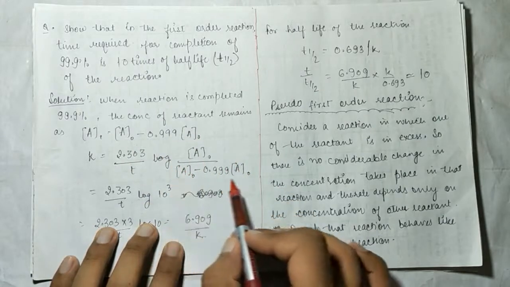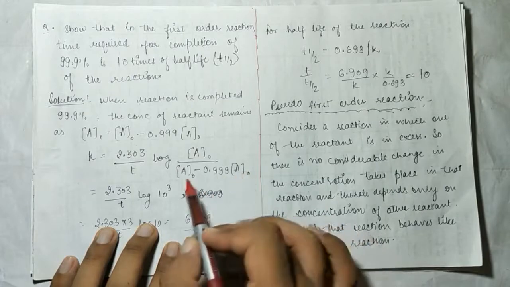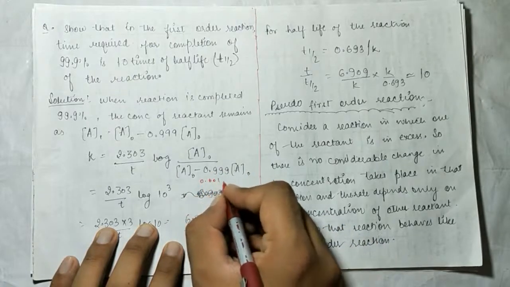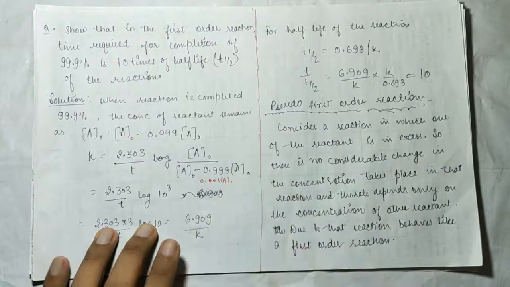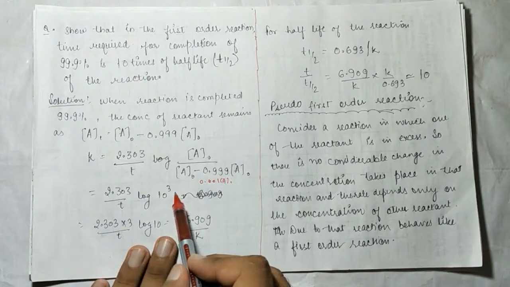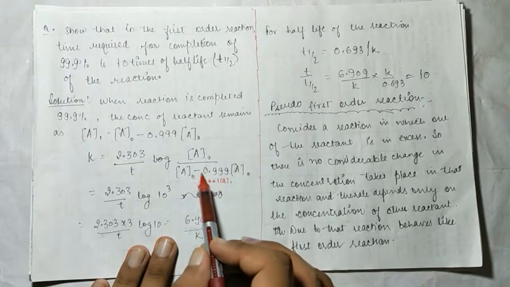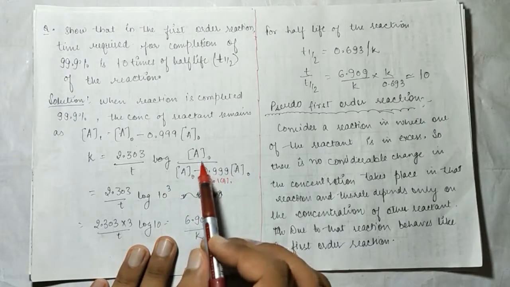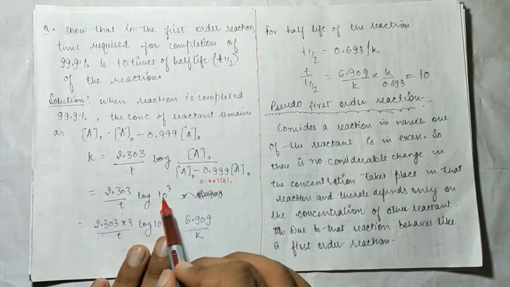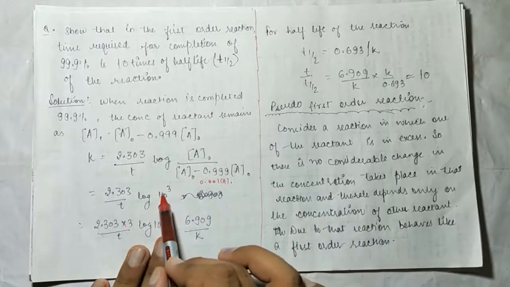If we solve this, A naught upon A comes out to be 1 upon 0.001, and 0.001 means 10 to the power minus 3. Okay, 10 to the power minus 3 is in the denominator, and to get it into the numerator it comes out to be 10 to the power plus 3.